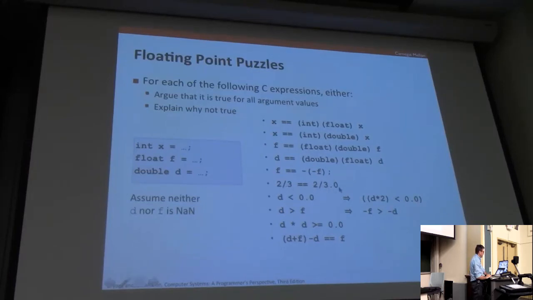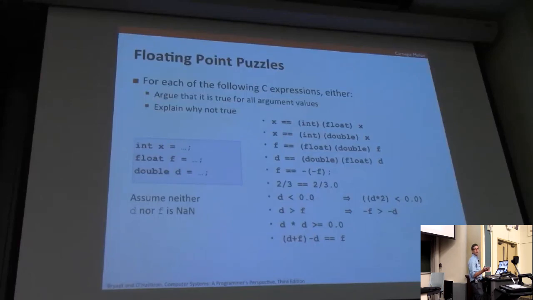Okay, how about 2 over 3 equal 2 over 3.0? No, because 2 over 3 is 0. And 2 over 3.0 is a floating point value, the floating point representation of 2/3. Okay, how about if the double d is less than 0? Does that imply that d times 2 is also less than 0?